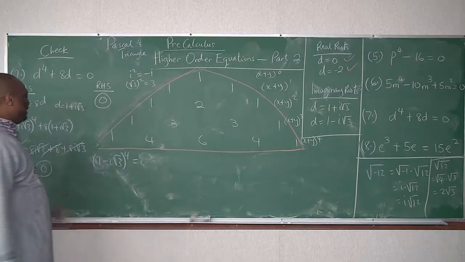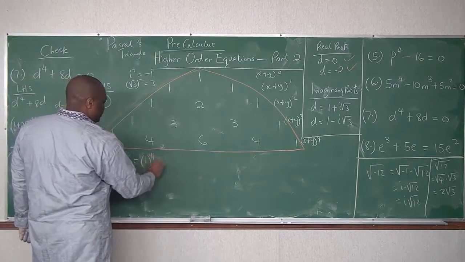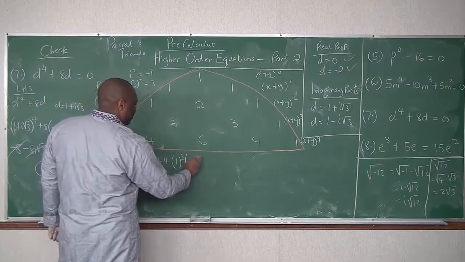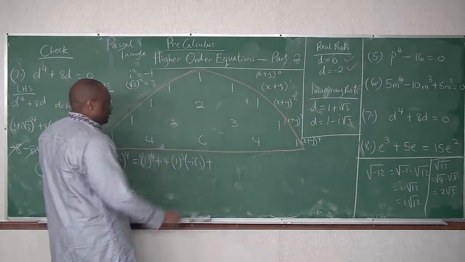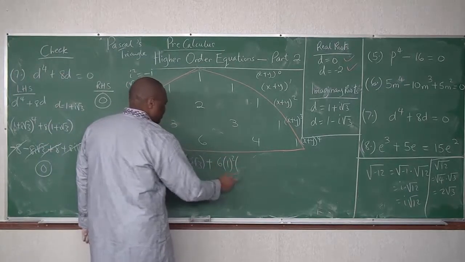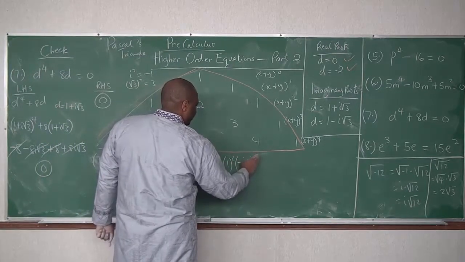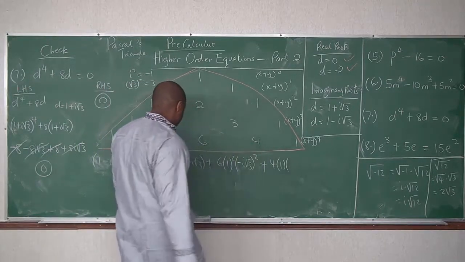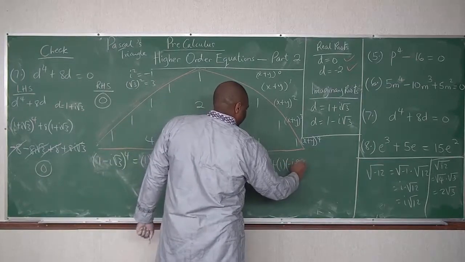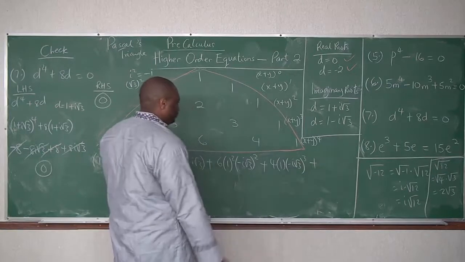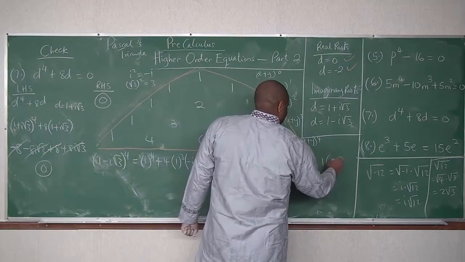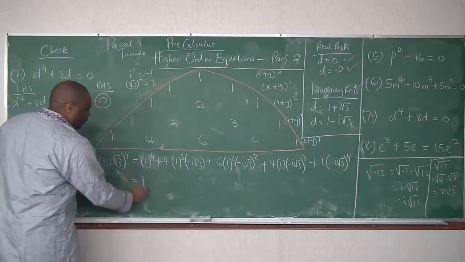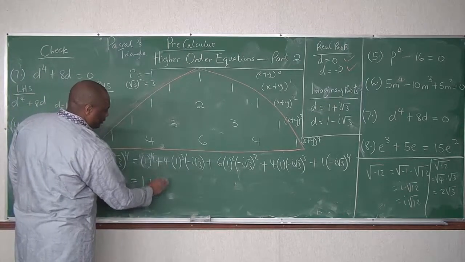Oh no. This is 1 to the 4 plus 4 times 1 cubed times negative i root 3, plus 6 times 1 squared times (negative i root 3) all squared, plus 4 times 1 times (negative i root 3) all cubed, plus 1 times (negative i root 3) all to the 4. Okay, so this gives me 1 plus 4 times 1 is 1.